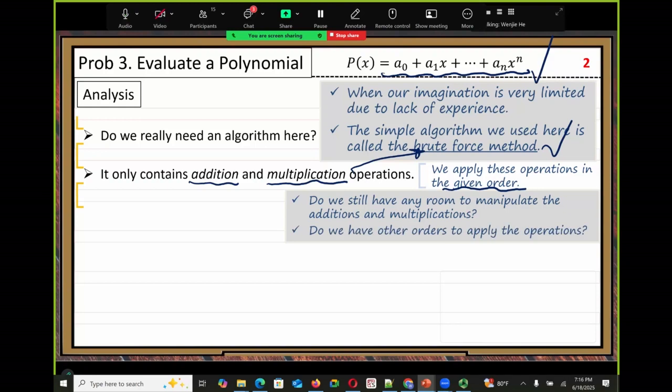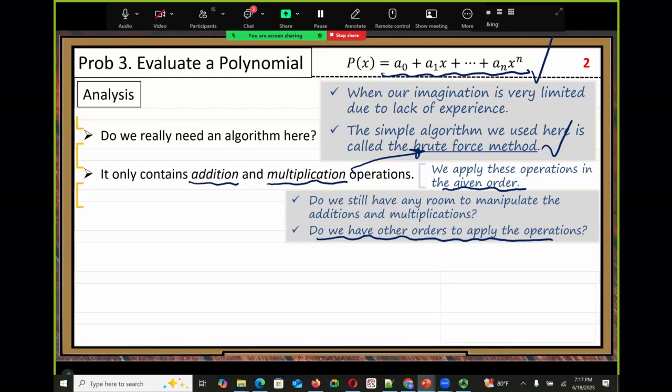Although that order is the general order and most people use it, the question is, can we change that order? Do we have different orders to use for the same polynomial? That's another question.